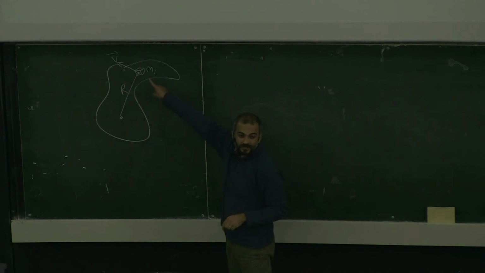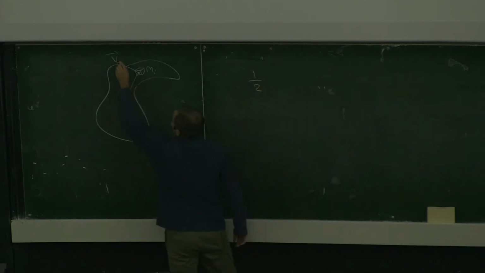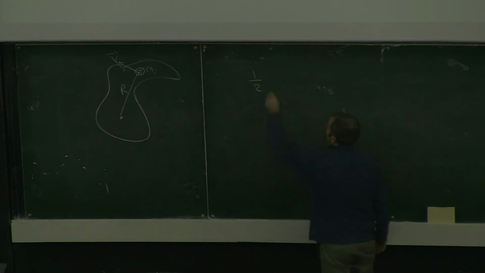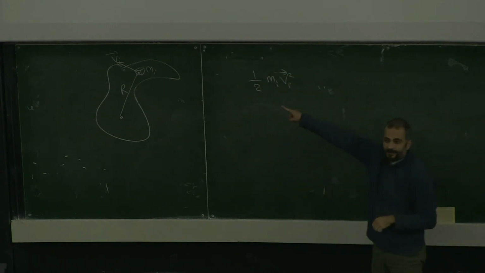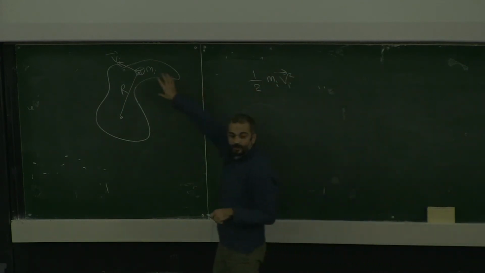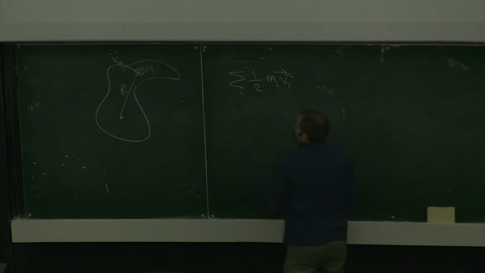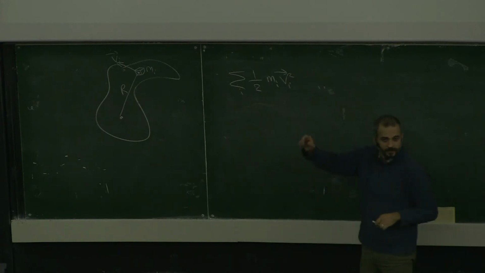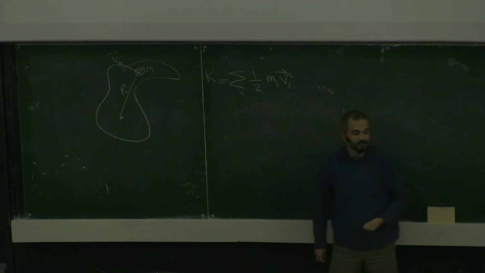Then the kinetic energy of this single point mass will be 1/2 mi vi squared. If I divide all my mass into these small segments and sum over all my different masses, this will be the total kinetic energy of my system.